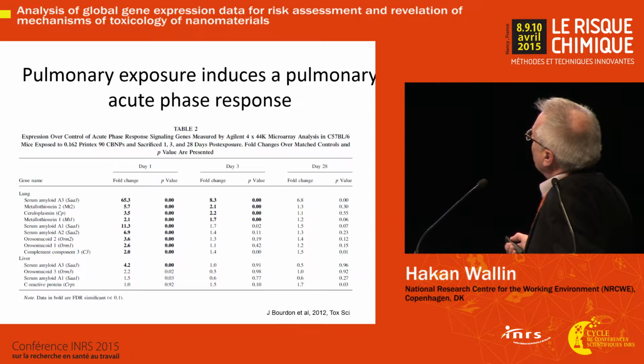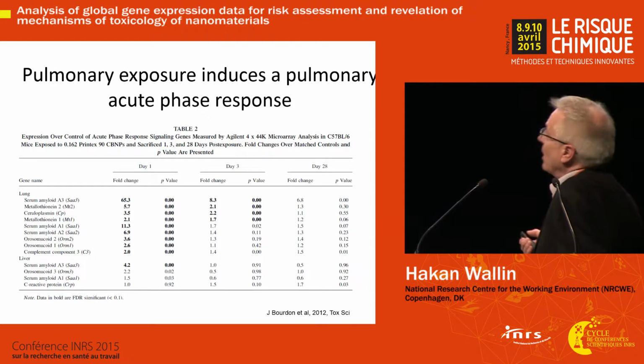And you see 65-fold more expression on day 1, day 3, and it still remains some overexpression on day 28. These were mice that were treated, deposited carbon black nanoparticles in the lung.